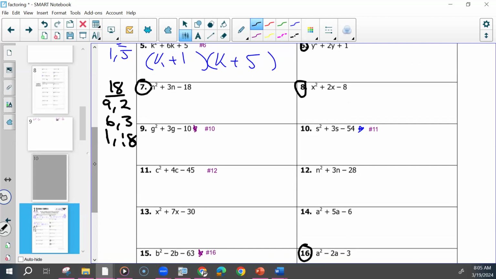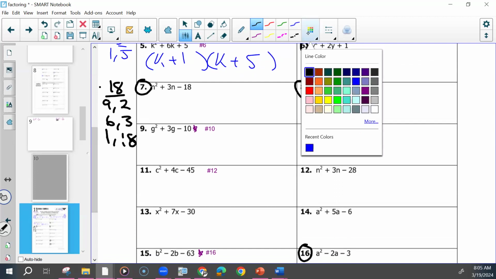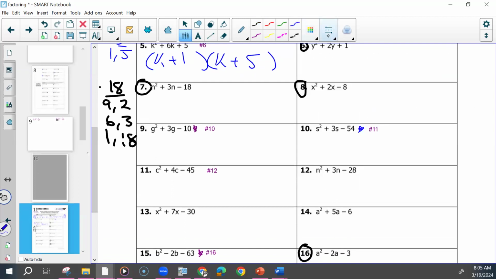Now, because it's a negative 18, one of these numbers is going to have to be negative when we add or subtract them together to get positive 3. Which pair would do that? 6 and 3. Which one would be the negative? The negative 3 plus 6 would give us positive 3.